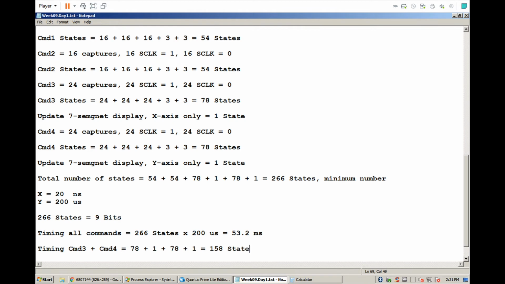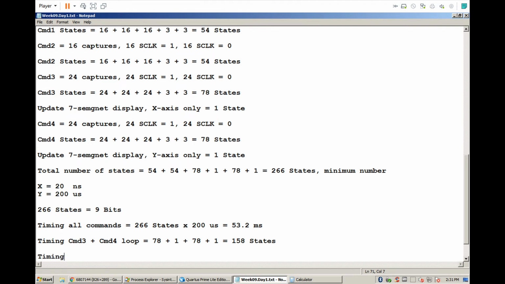states. So we're running in a loop. It's 158 states, so the for loop is 158 times 200 microseconds.